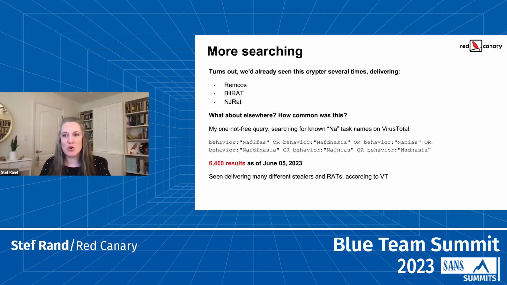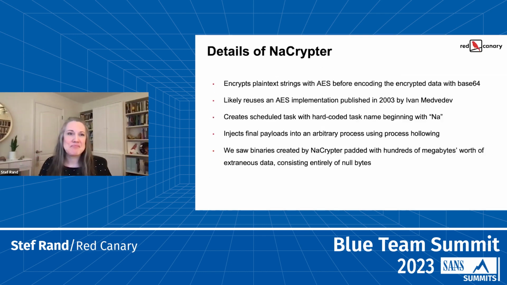If you have VirusTotal Enterprise, you can do these kinds of behavioral searches. I looked for all of these task names that we had found. And a week ago, there were over 6,000 samples uploaded to VirusTotal of this crypter, delivering a bunch of different stealers and rats.